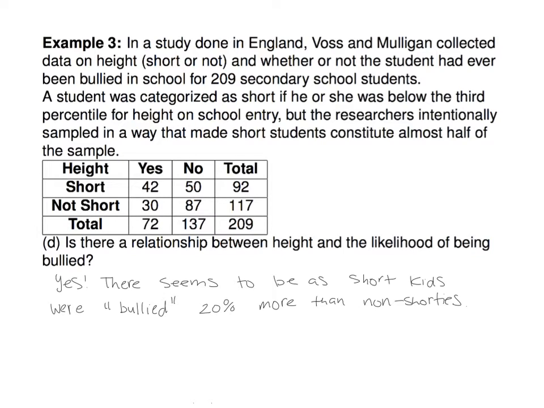It's based on a couple things: how big the difference is, and how big your sample was. If you only sample a small group of people, it's really easy to get really different perceptions about those two groups. But when you have bigger groups, if things are 10, 20% apart, it usually means the difference is significant. We'll learn a way to test that on Friday. But for now, if it seems big to you, just explain you think it's big.